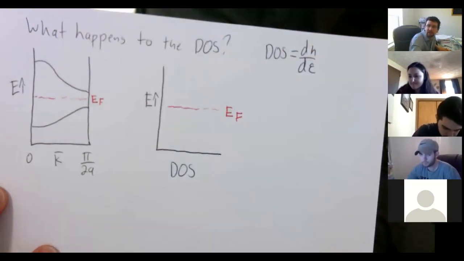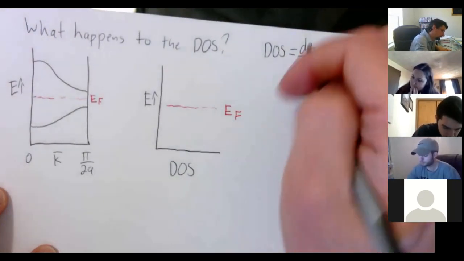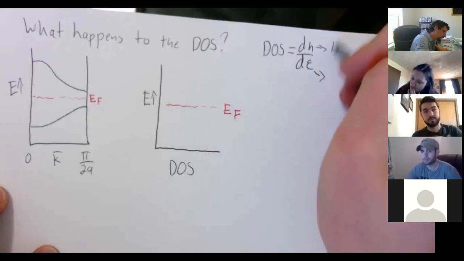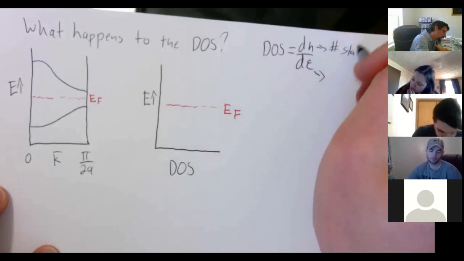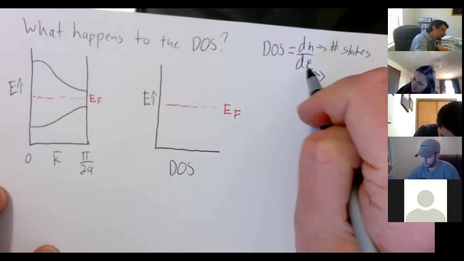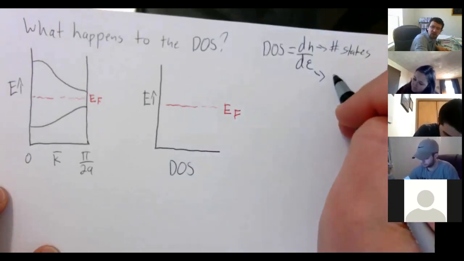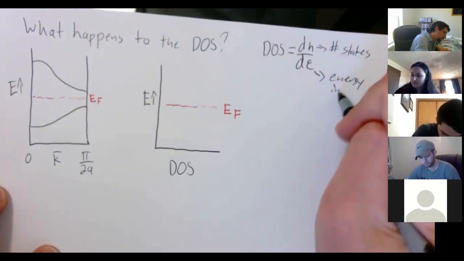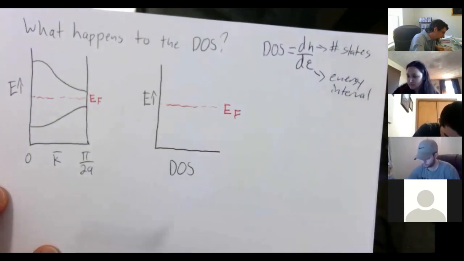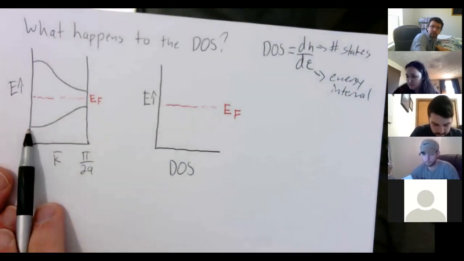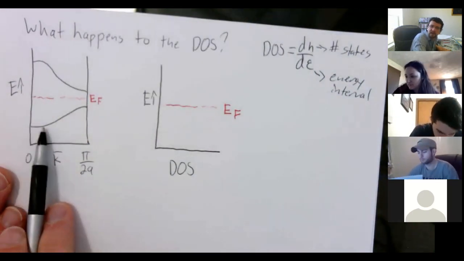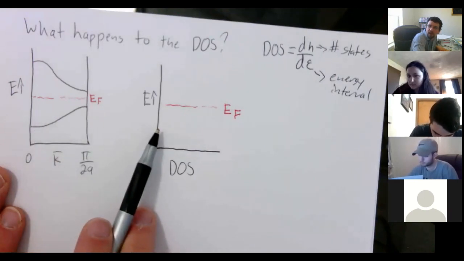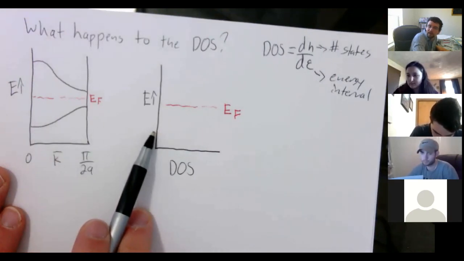And what's n? Number of states. Yep, number of states. And dE is just an energy interval, right? Okay, so there's a large number of states here in a small window of energy. What's that going to look like in this plot?